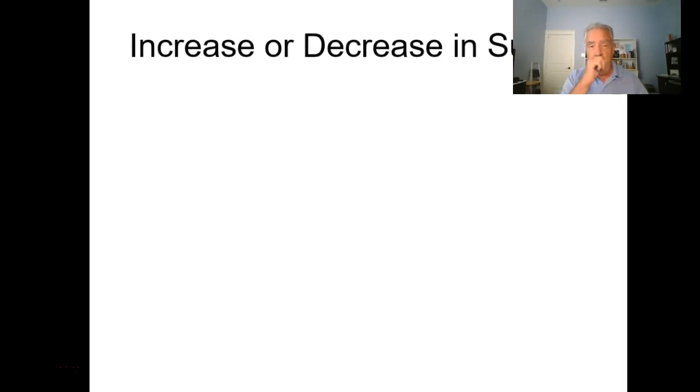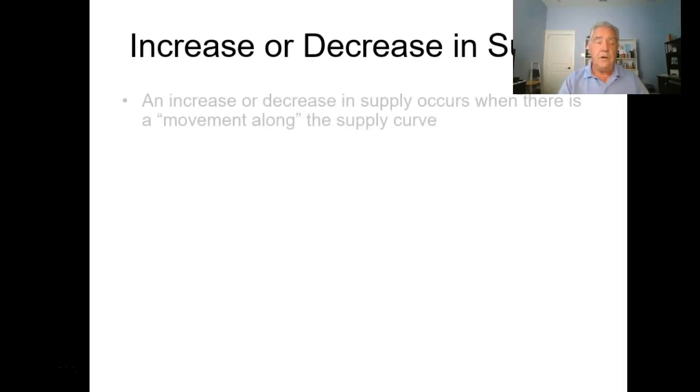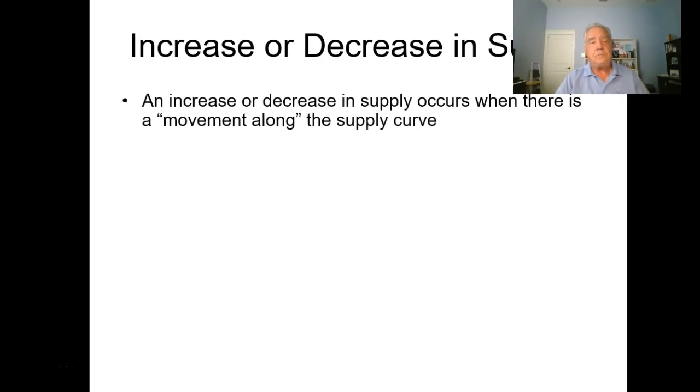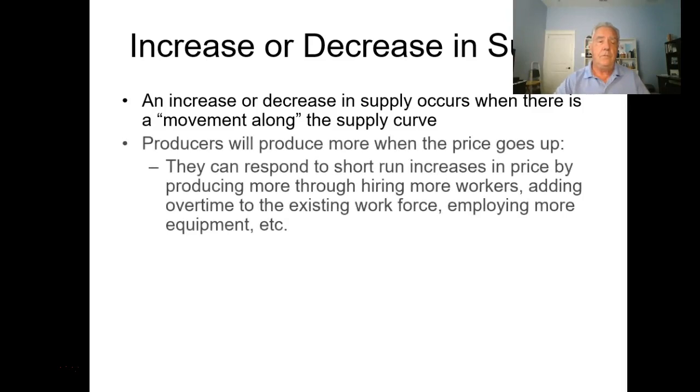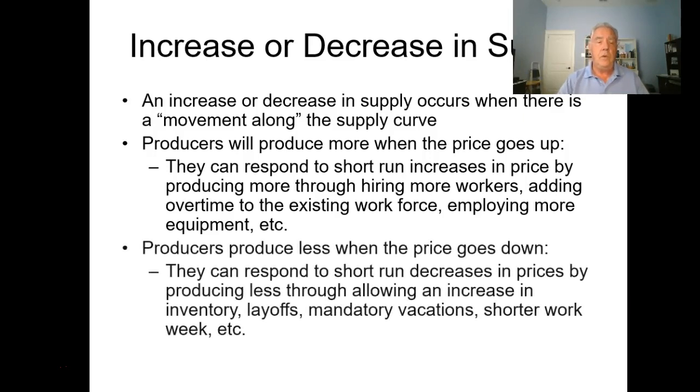All right, let's look at an increase or decrease in supply. An increase in supply occurs when there's a movement along the curve. Producers produce more when prices go up. As we said, they respond to short-run increases by hiring more people, overtime, employing more equipment, etc. Producers produce less when the price goes down.